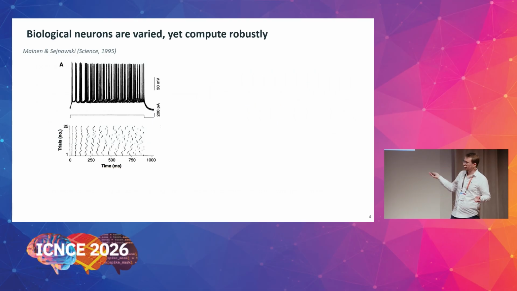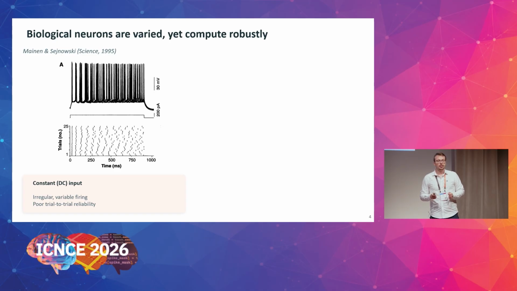And that was something that triggered this experiment by Mainen and Sejnowski some 30 years ago, where they took a cortical neuron and stimulated it with a DC input and did a few trials, and they obtained exactly what I showed you earlier. There was no coherence between the spike times across different trials.